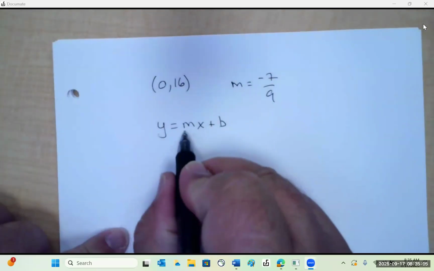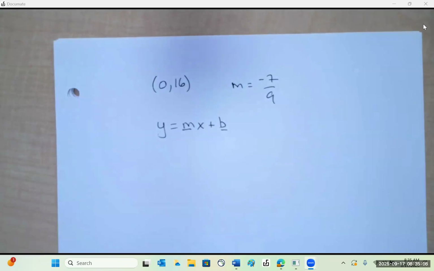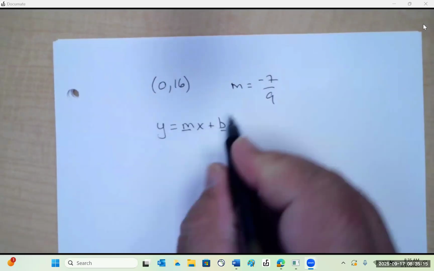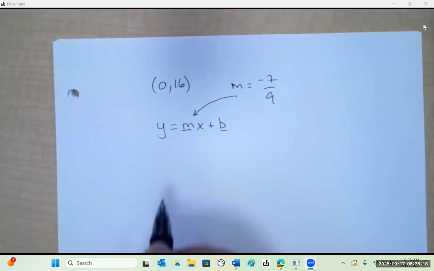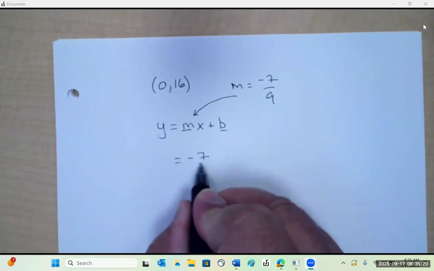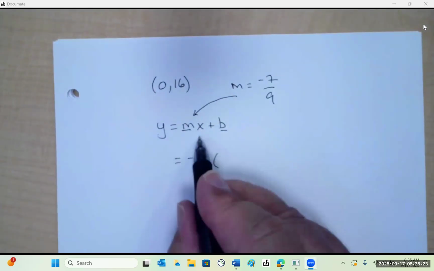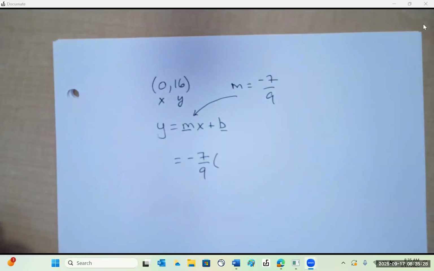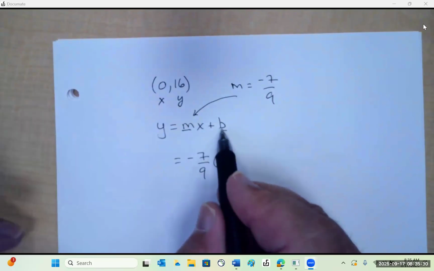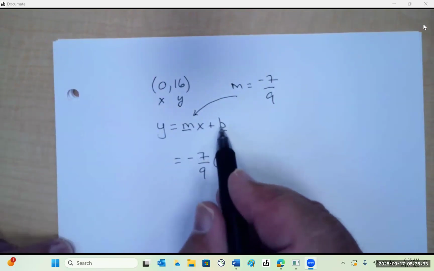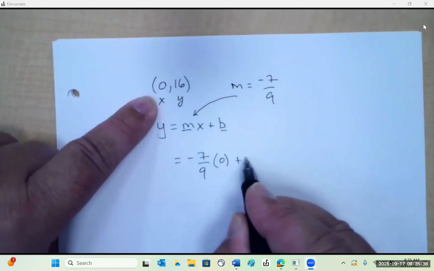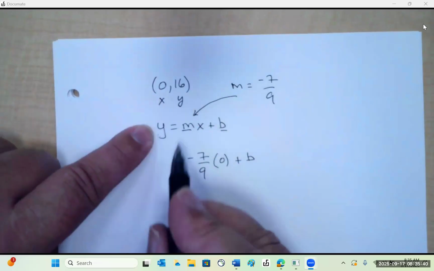So the only thing we have to find is m and b. Do we have either of those? Well, we have m for sure. So let's plug this stuff in there. M is negative 7 over 9. What's x? This is x and this is y. The only thing we don't have is b. Let's solve for b. So x is 0. Y is 16.